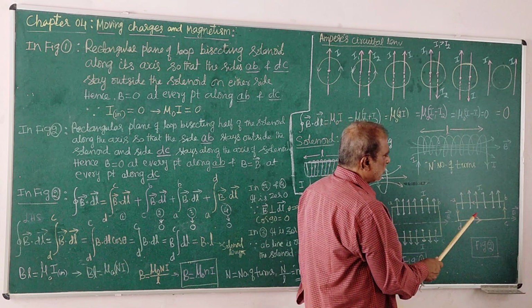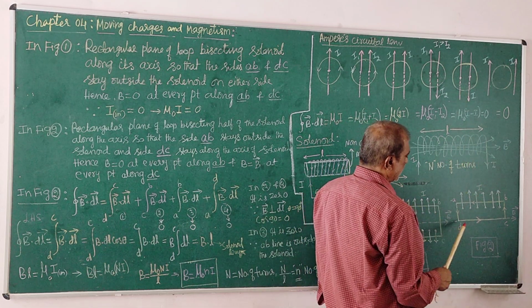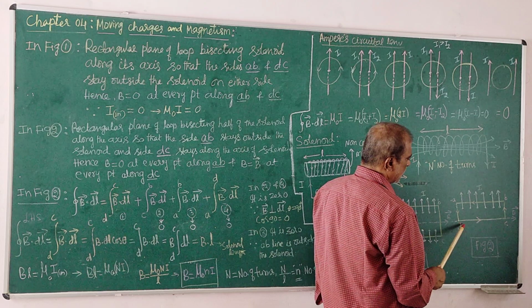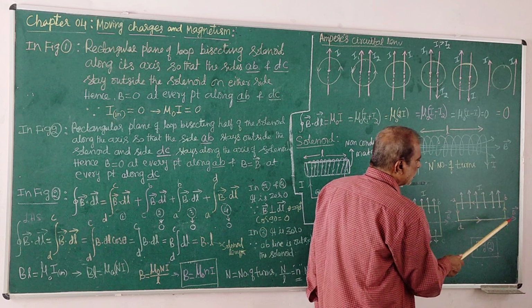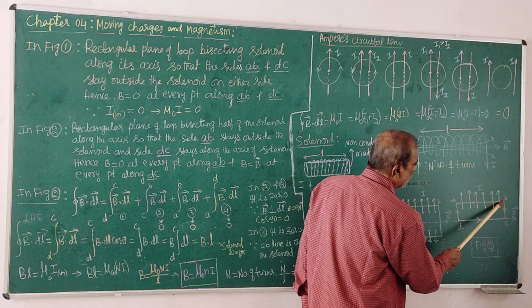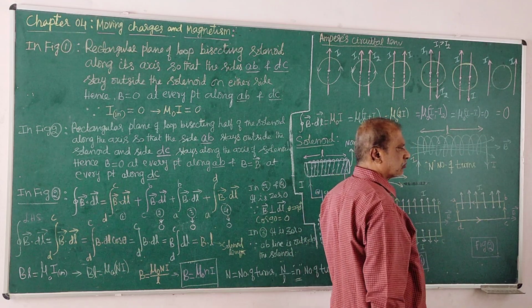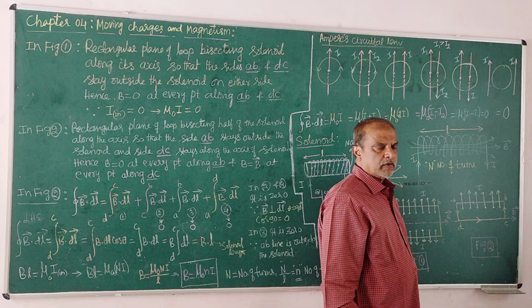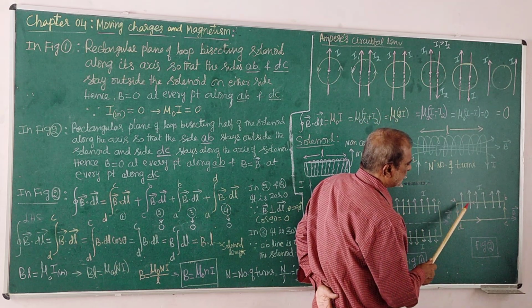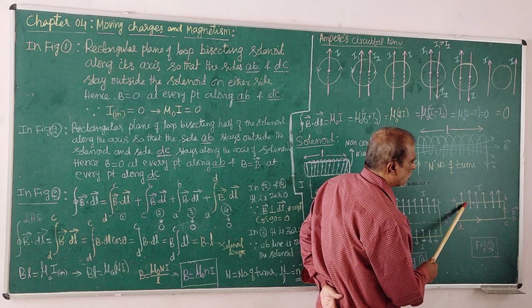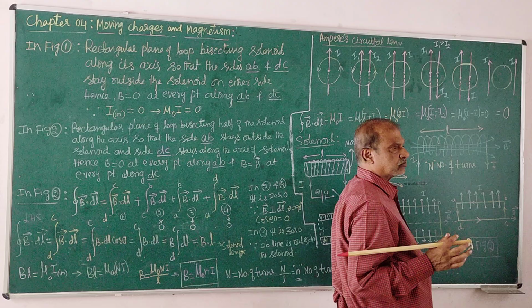When you look at this magnetic field, this loop is not circular, it has different directions, being rectangular. There is a magnetic field due to this line, due to this line, due to this line, and due to this line. You need to understand that. Already I said this line is always outside the solenoid, so the magnetic field due to this line is 0.